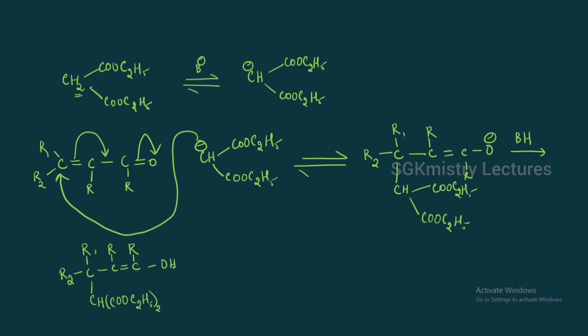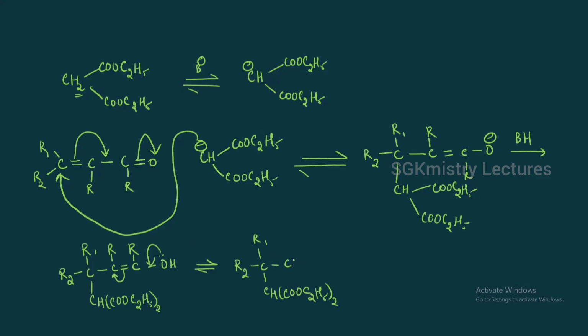This can also exist in tautomerism with the keto form. So I can write it as R2, R1, CH(COOC2H5)2. Now if I'm talking about the keto form, this can shift here and the H can be attached here.